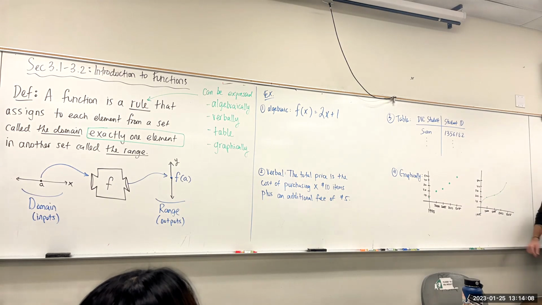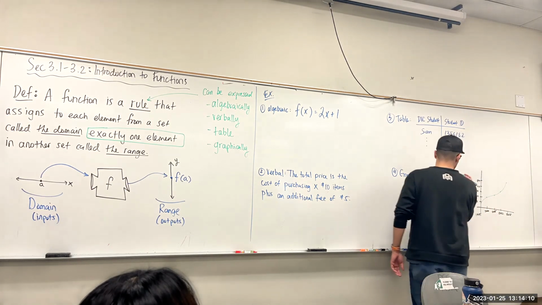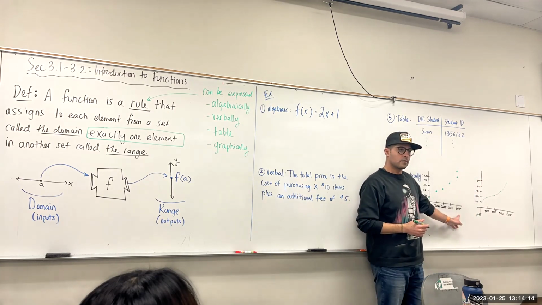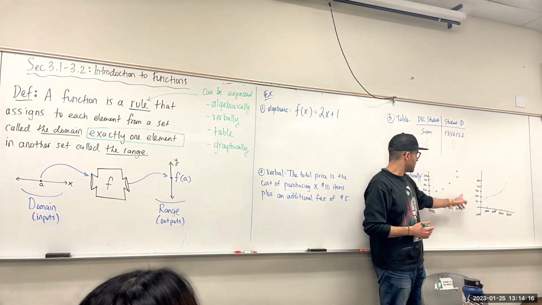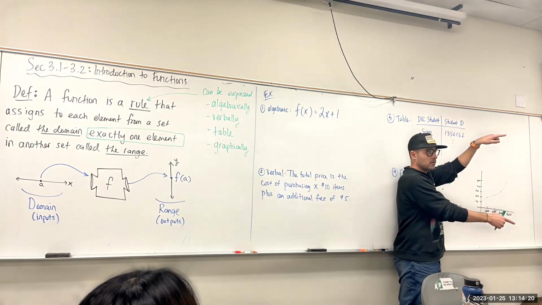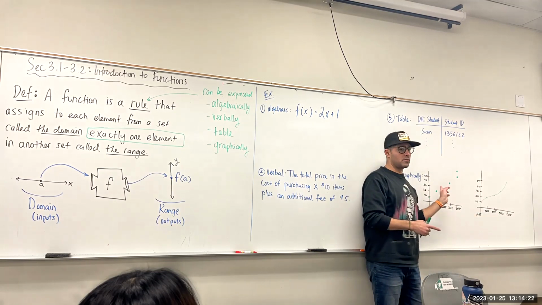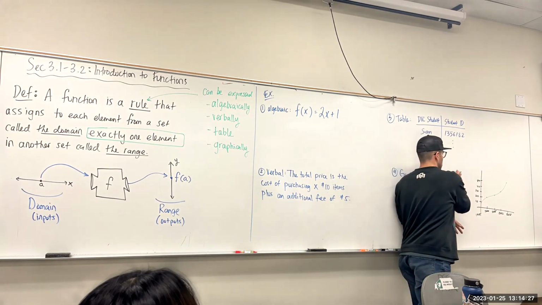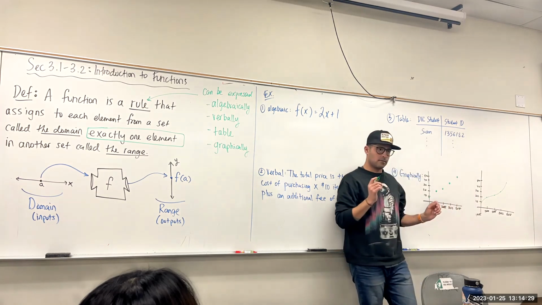Yes. Versus if I had a different dot above 2015, now 2015 would be outputting two values. In that case, this would not represent a function. But in this case, it does.